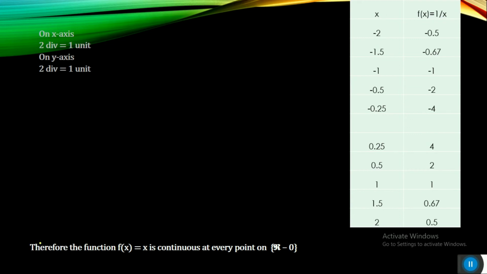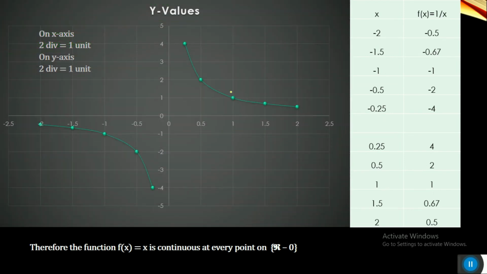Now let's see the graph which we make from there. So you see, -2 is here. Scaling on the x-axis is 2 divisions to 1 unit. Similarly, on the y-axis, 1 division is equal to 1 unit.